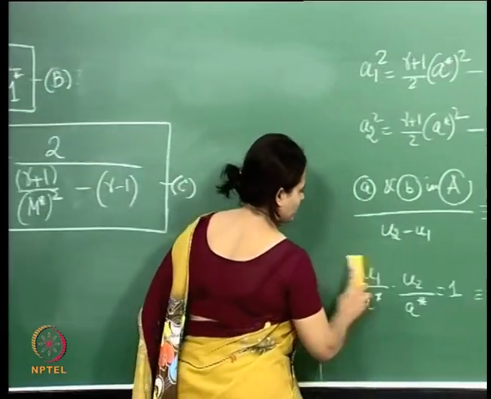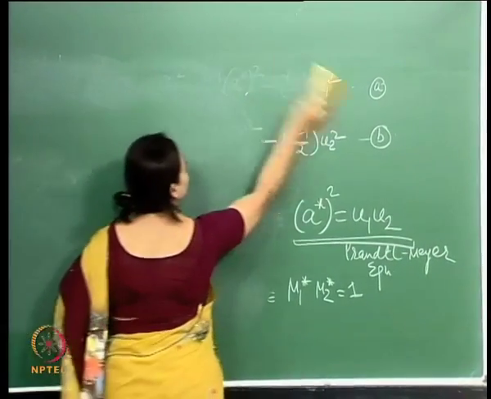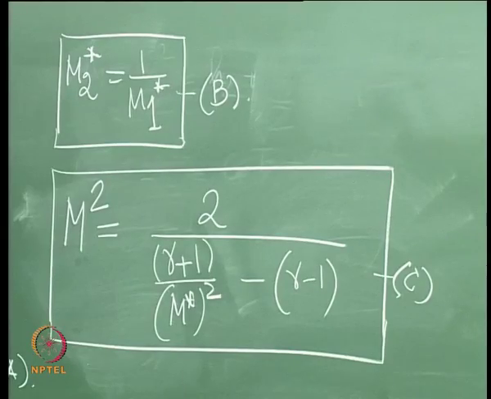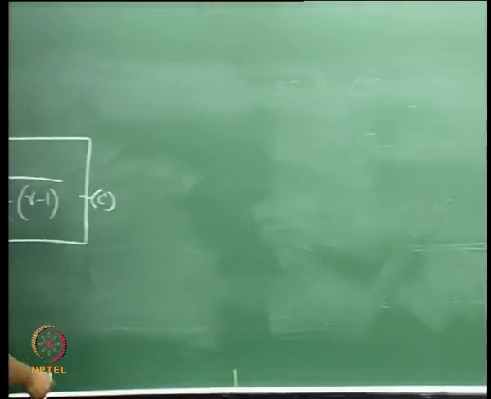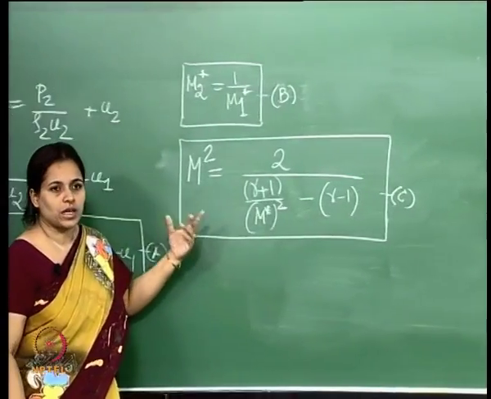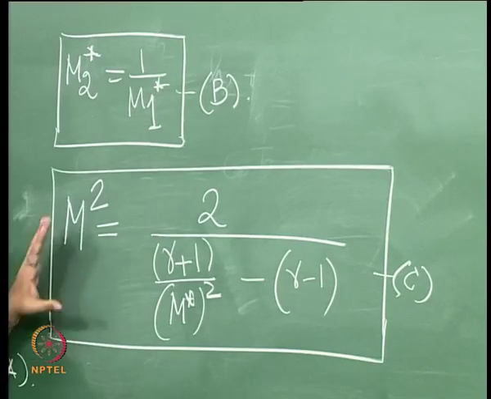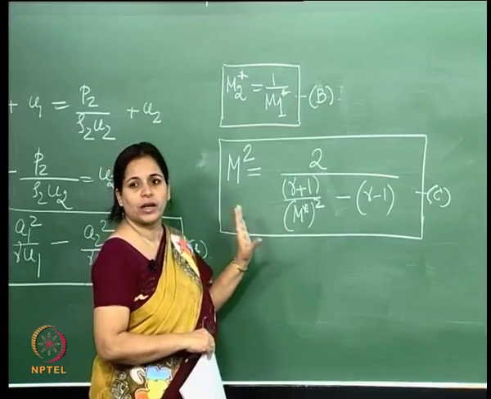Now, although we have said that M star out here is the sonic zone, M star is equal to 1. Now, just for a wee bit, let us forget whatever we discussed so far and treat this just as a mathematical entity.